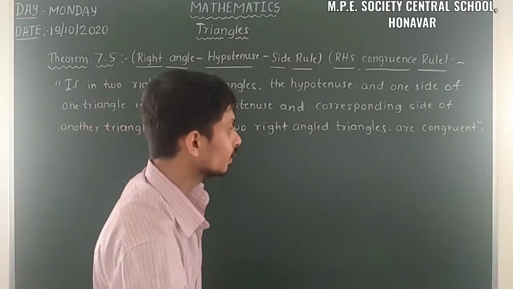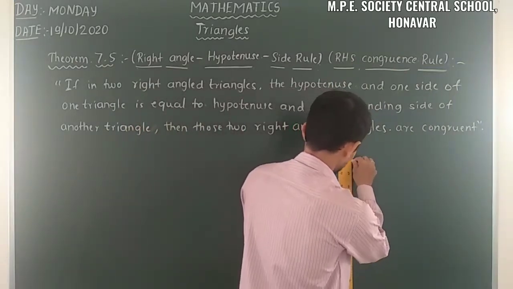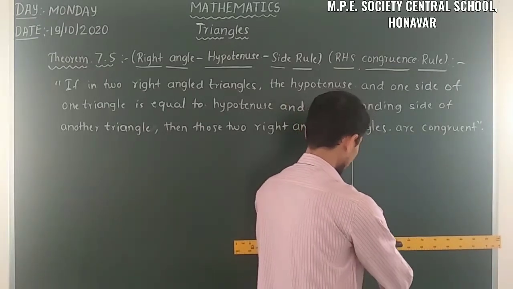So let us consider two right angle triangles. Here we have two right angle triangles.